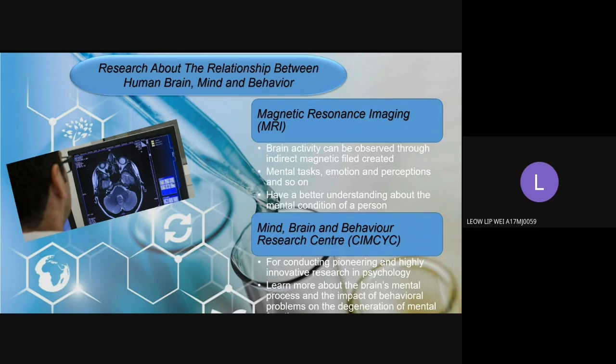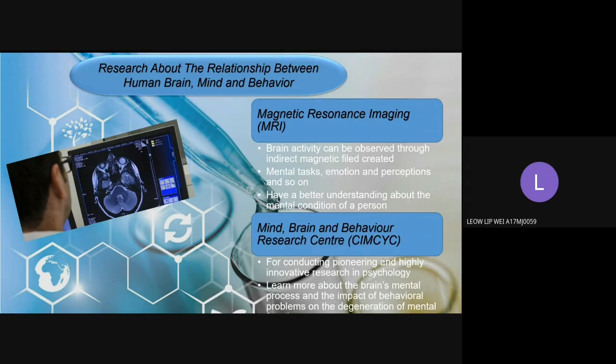Human brain activity can be observed through indirect magnetic fields created by the functioning nerve cells in our brain. So mental tasks, emotions, perceptions, and so on, can be monitored. Thus, it gives us a better understanding of the mental condition a person experiences every day.